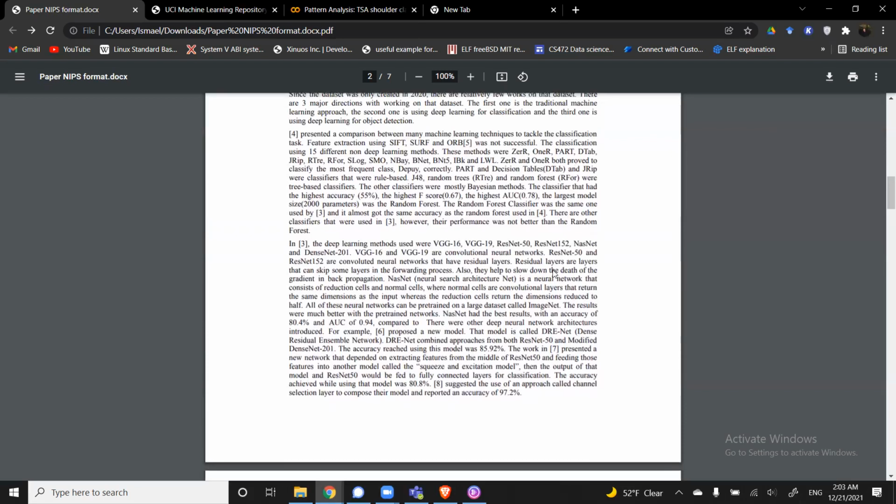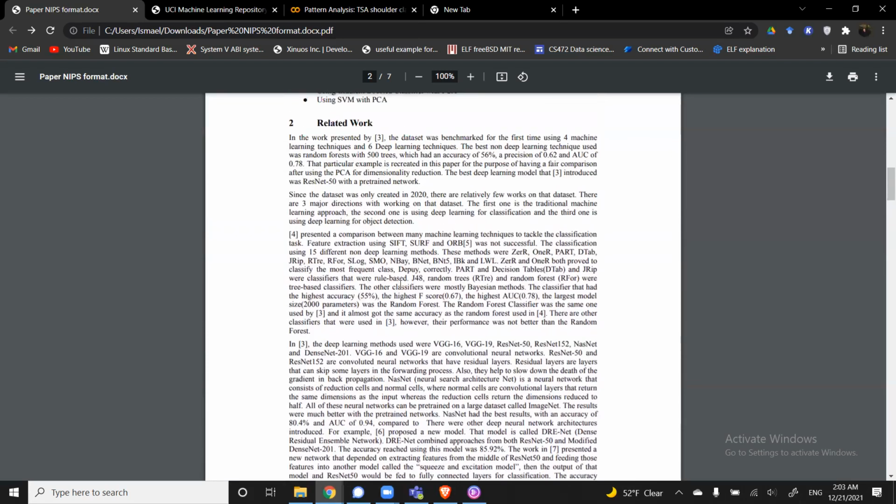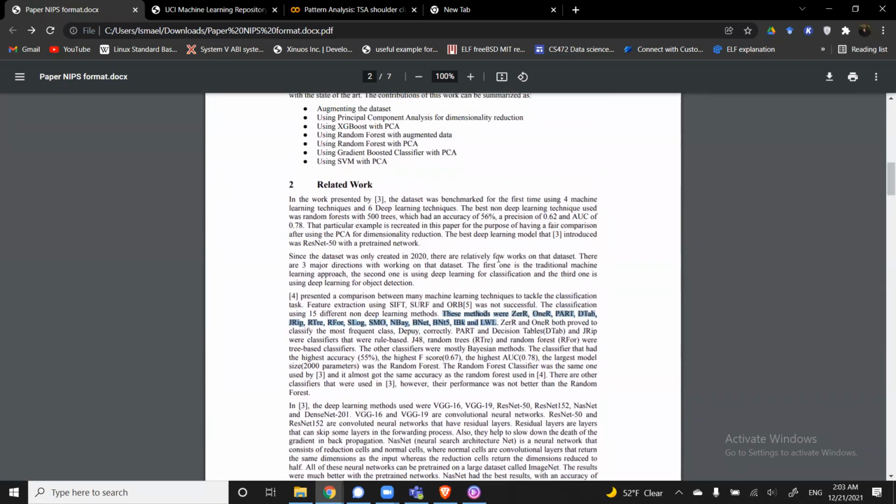It's important to note that there are other machine learning techniques that were used, traditional machine learning techniques not related to deep learning, such as those methods listed right here, in addition to the machine learning methods used by the person who published the paper himself.